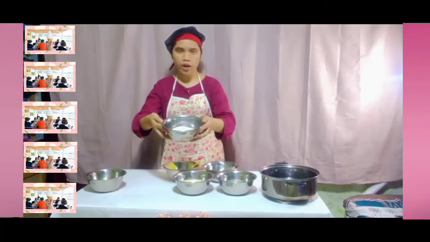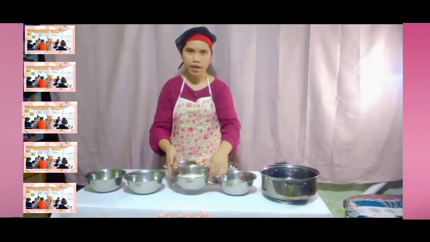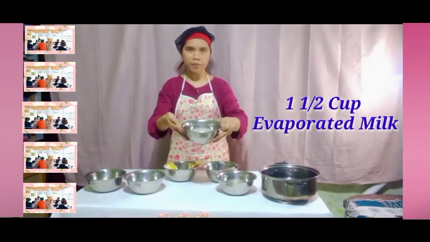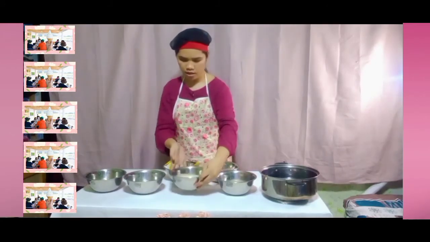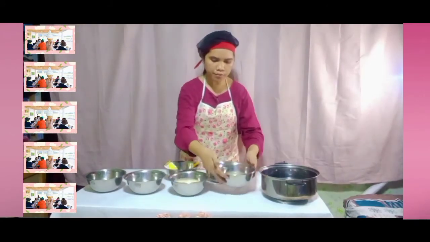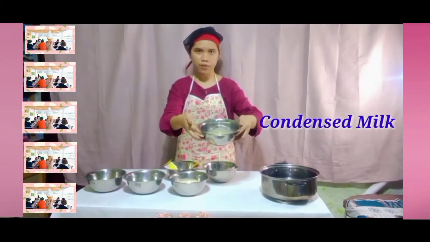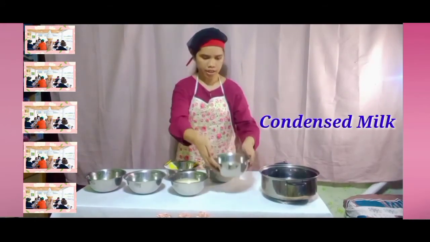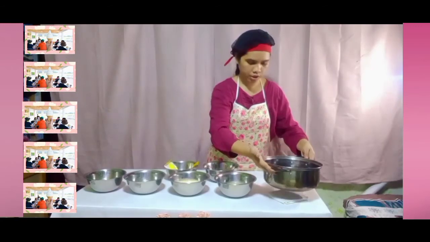And then we have here the 1 cup of white sugar. Then 1.5 cups of evaporated milk. And then we have here the condensed milk if you want it sweeter. And then we have here the 8 cups of water.